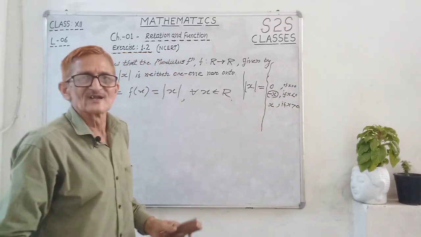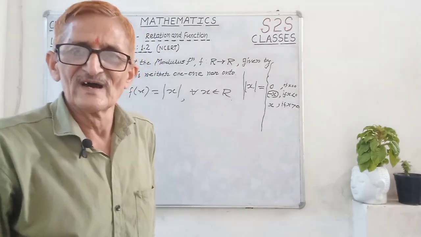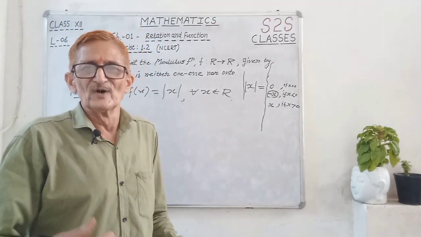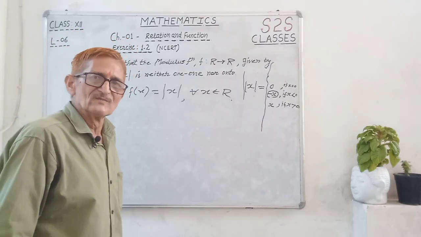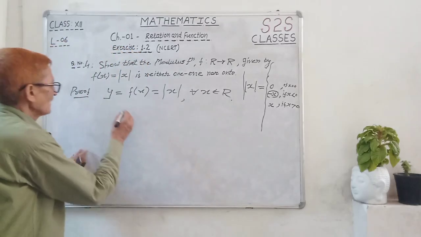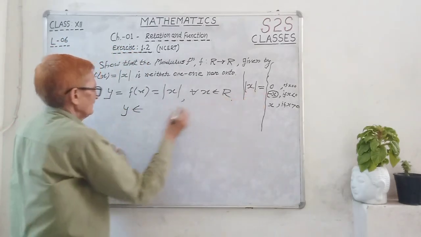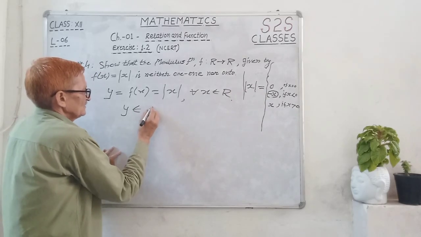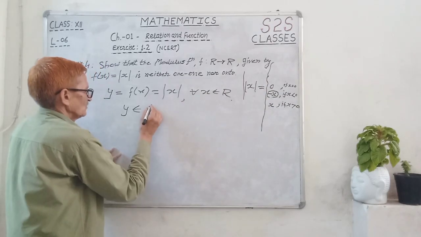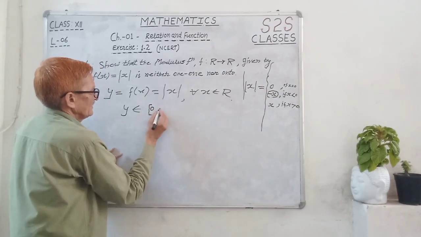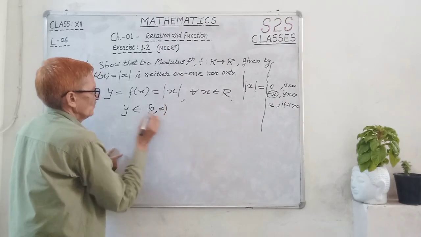So the greatest integer of every negative real number will be positive, and for positive, the output is positive. So we can say the range is all positive real numbers. So directly, by the definition, y belongs to 0 if x is 0. So the closed interval 0 up to all positive real numbers, then infinity open.